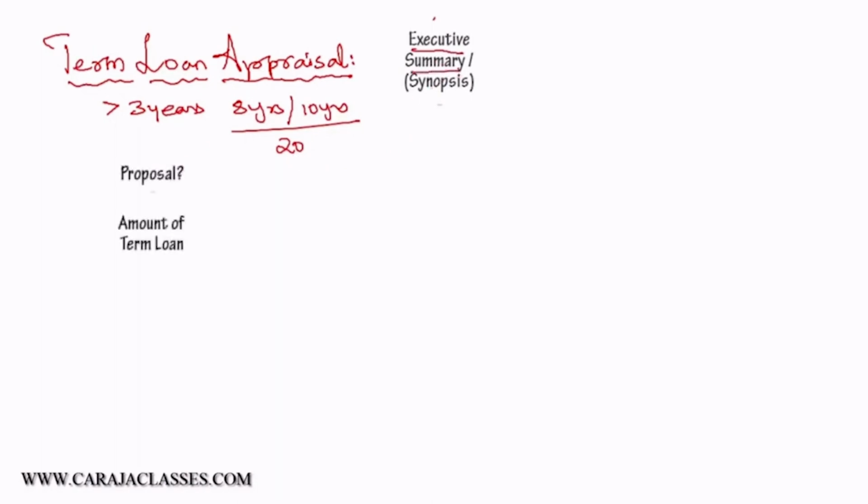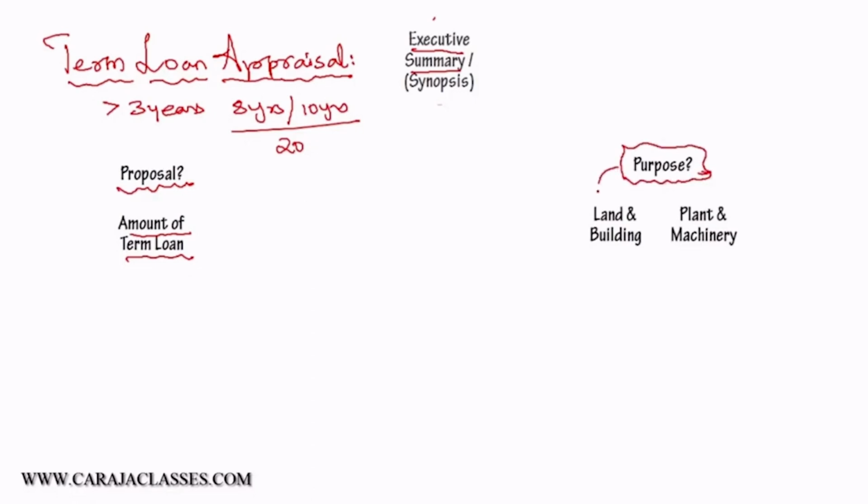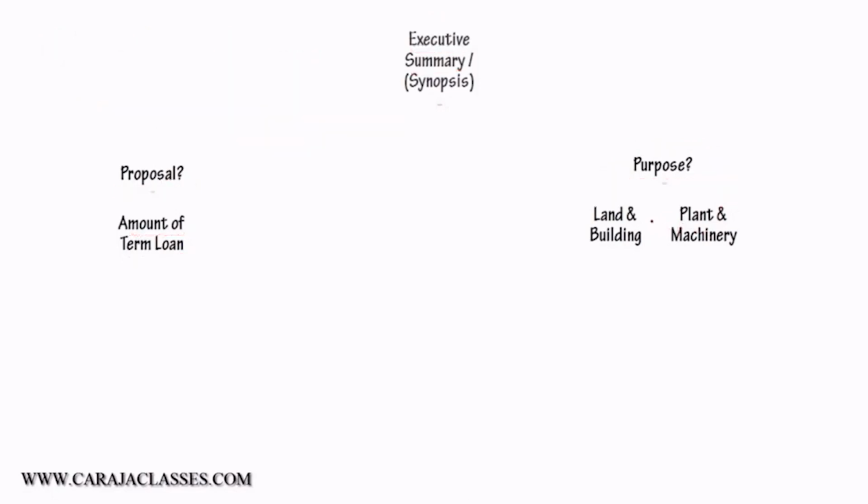That executive summary will capture what the proposal is, that is, what is the amount of term loan you are proposing, then for what purpose this loan is being taken. Is it for acquiring land and constructing building, or is it for purchasing plant and machinery, is it for setting up a factory? What is the purpose? That gets captured here, and this comes under executive summary.